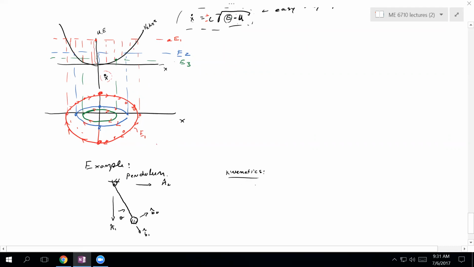My kinematics will be a relationship between the B frame to the N frame. Looks like it's a rotation around the 3 by theta.